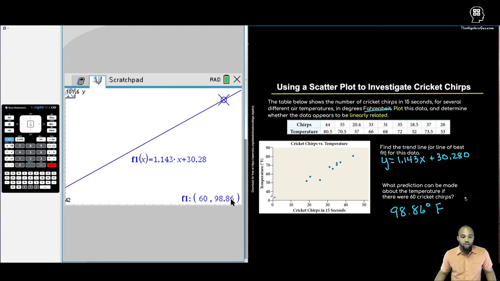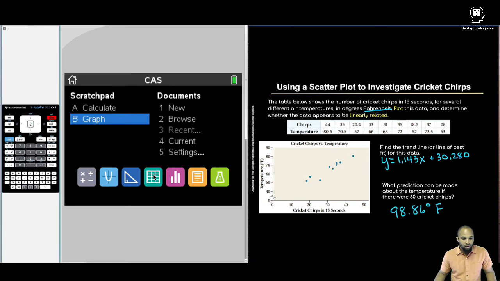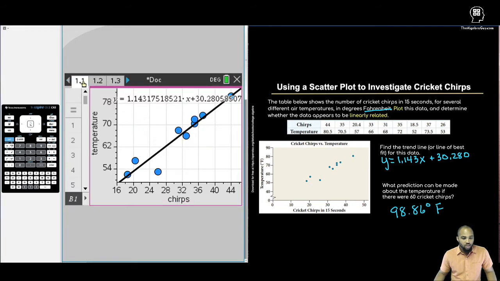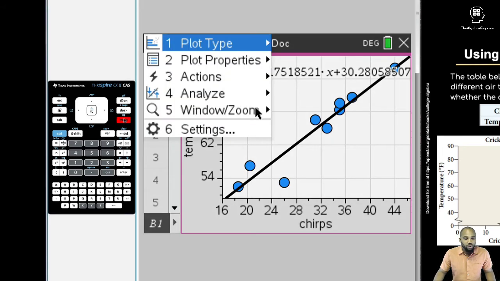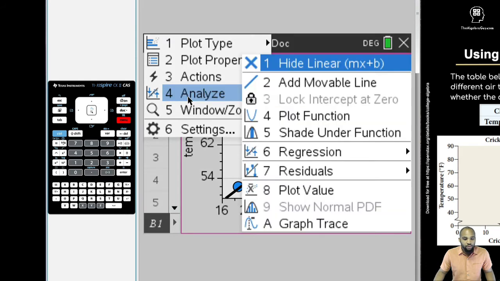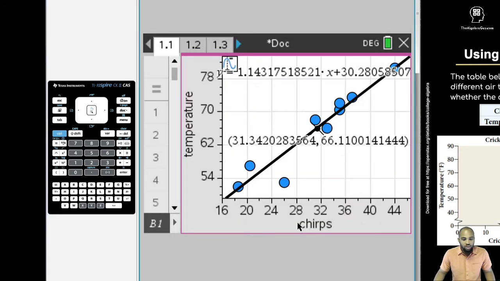It's that simple. Now I wanted to go back and show you another way we could have done that. From this screen, we could have traced the graph as well. I didn't find this out until recently, that I can trace it from here to get a pretty good idea. So go to Analyze and Graph Trace.